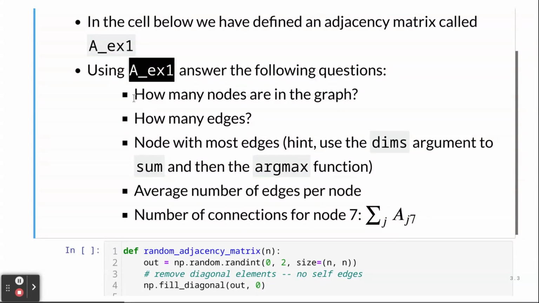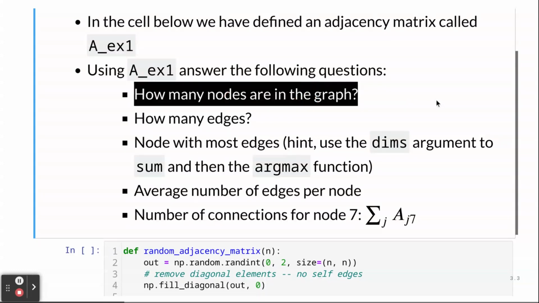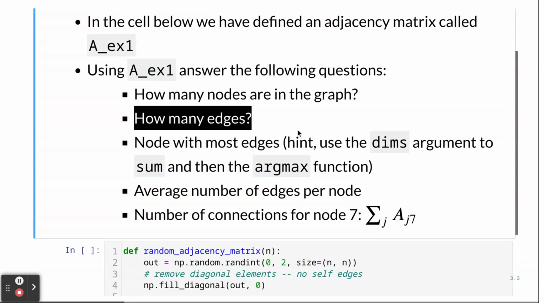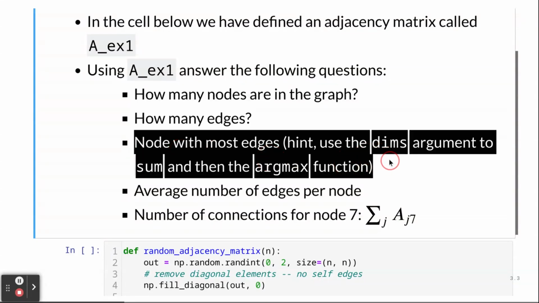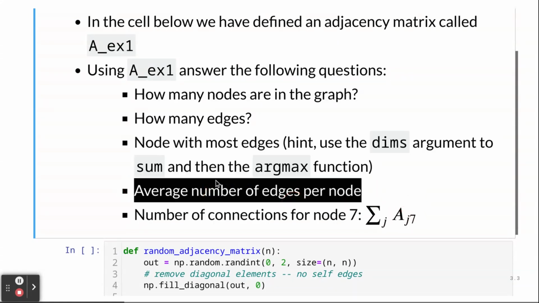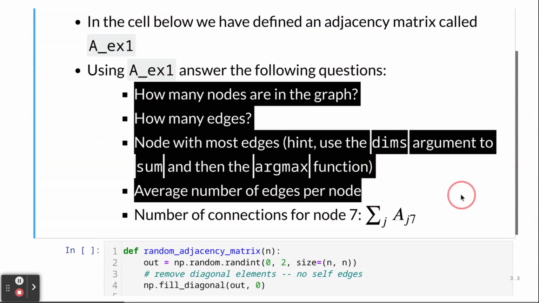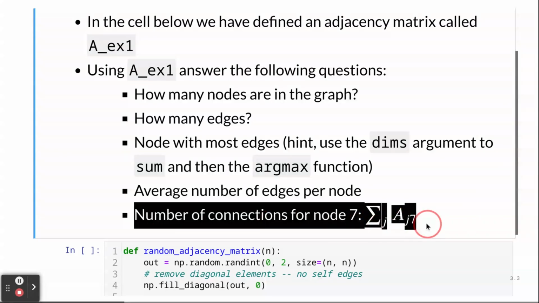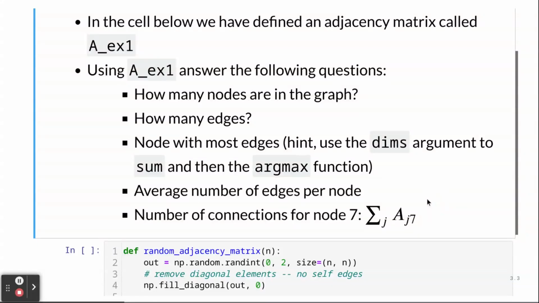We would like you to compute how many nodes are in the graph, how many edges are in the graph, the node with the most edges, and the average number of edges per node. So these 4 we talked about before, and we have one additional request that you find the number of connections for some arbitrary node. Here we ask for node 7.